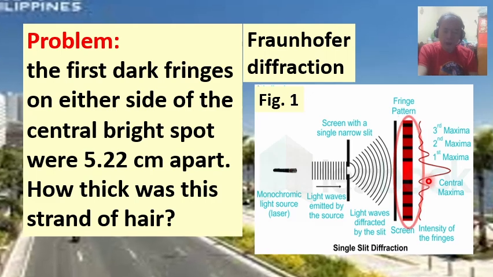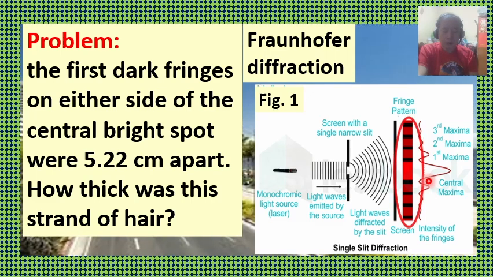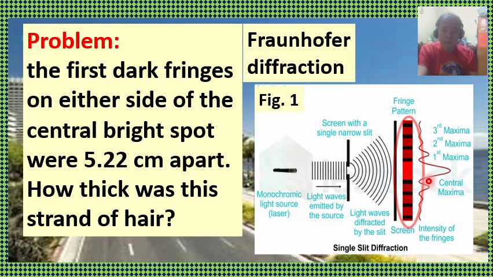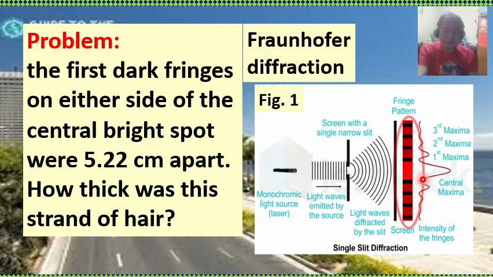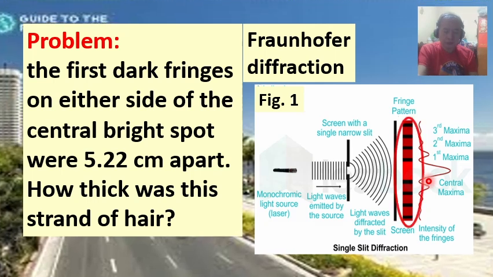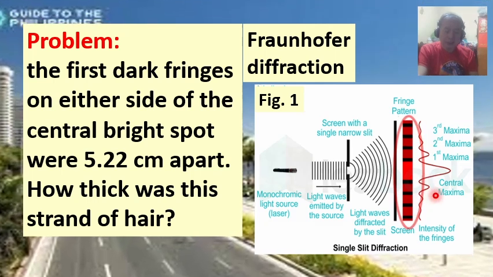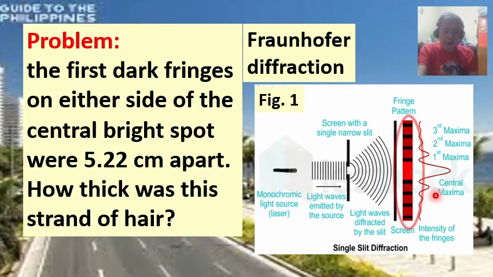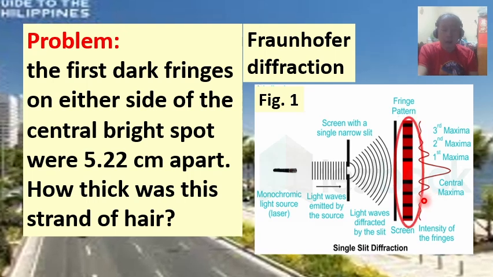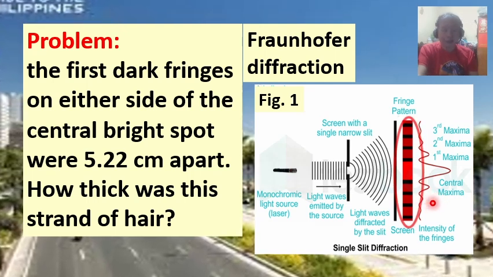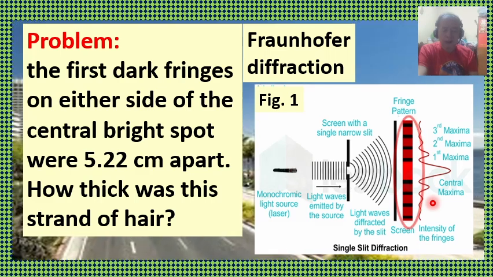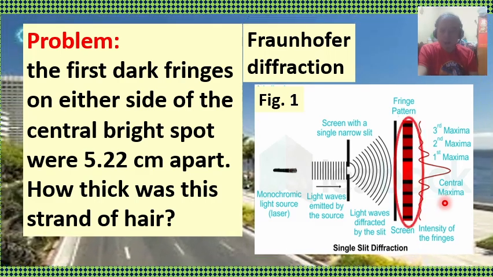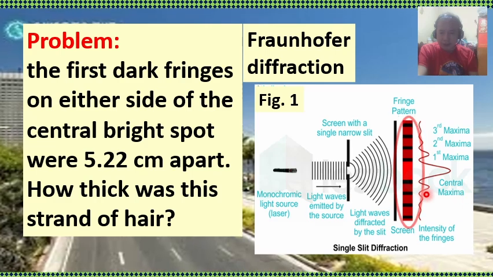So the central bright band or bright fringe is, of course, the brightest. All the brightest fringes are the results of constructive interference, while the dark fringes are the results of destructive interference.